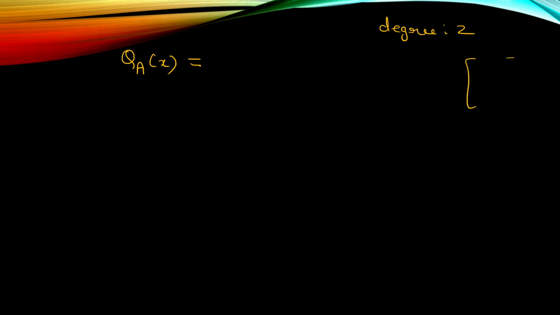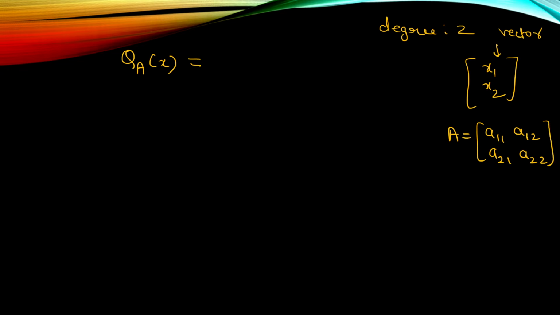One is a column vector, you can say eigenvectors. And another one is a matrix that has to be a square matrix.